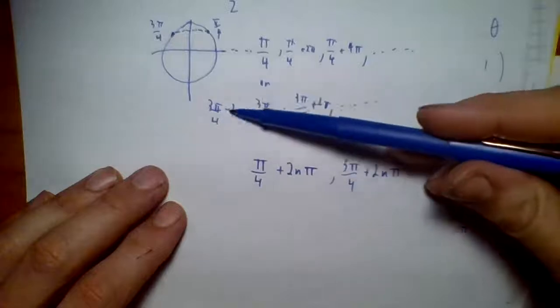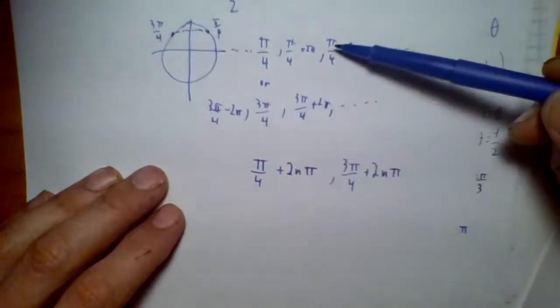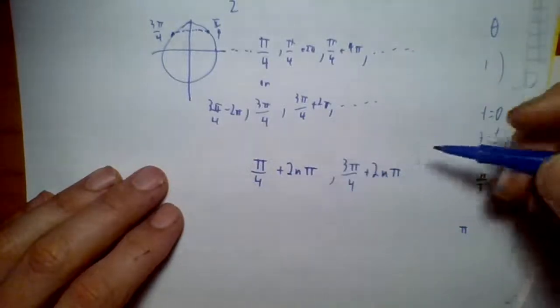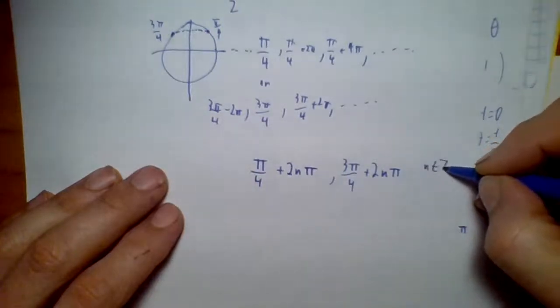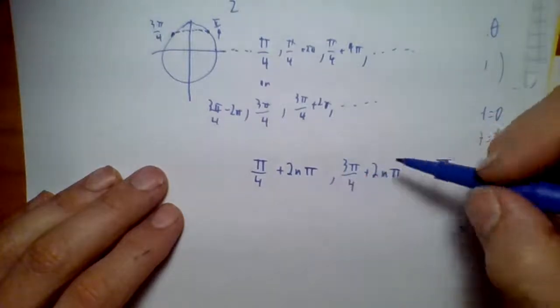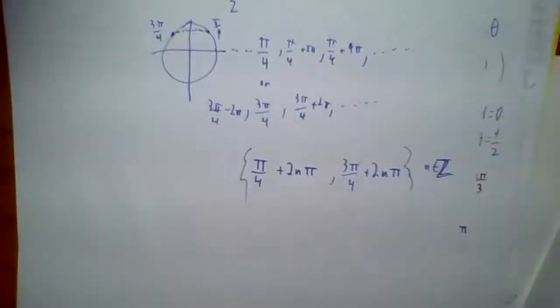The negative integers would be included, positive integers would be included. 2 times that, so we only get the even multiples. That's the list of all of them for all n. You might see this symbol, n in Z, means n is any integer.